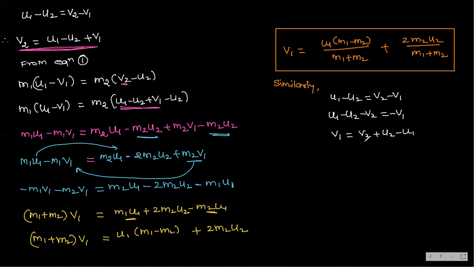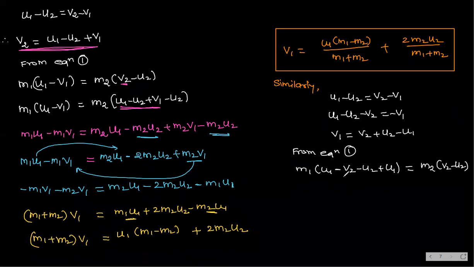V2 plus U2 minus U1. Understood here? And again you substitute this V1 value in this equation. From equation 1, if we substitute the value M1 into U1 minus this V1 value, we get V2 minus U2 plus U1 is equal to M2 into V2 minus U2.